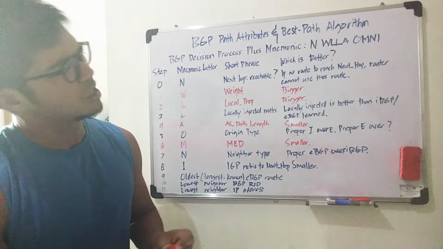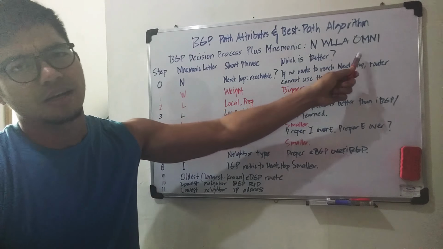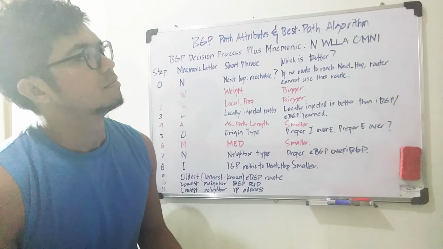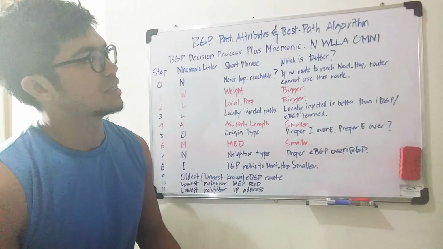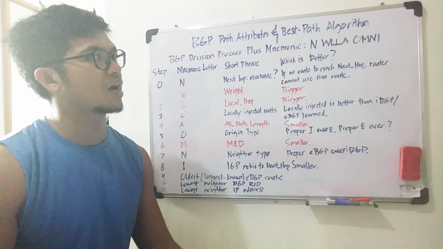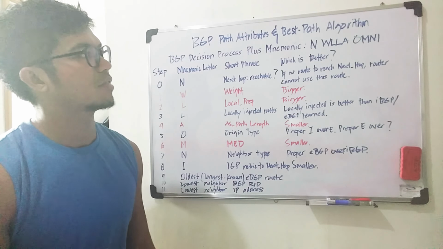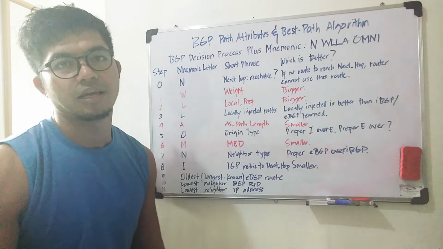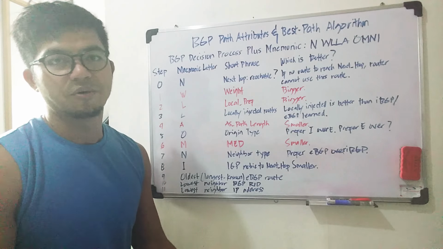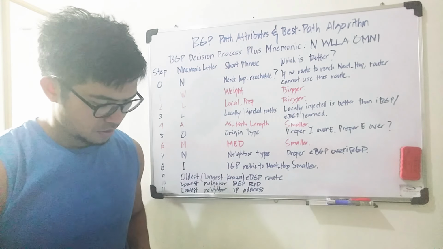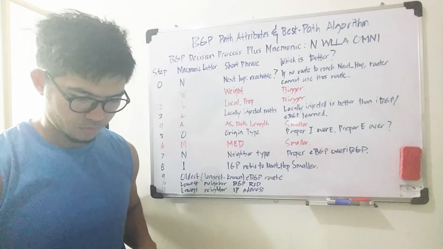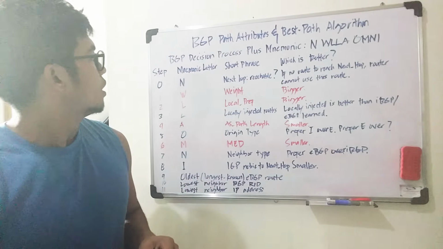I think, in my opinion, this is easier to memorize because it's a unique phrase compared to other mnemonics out there. But it depends on the person memorizing it, I guess.